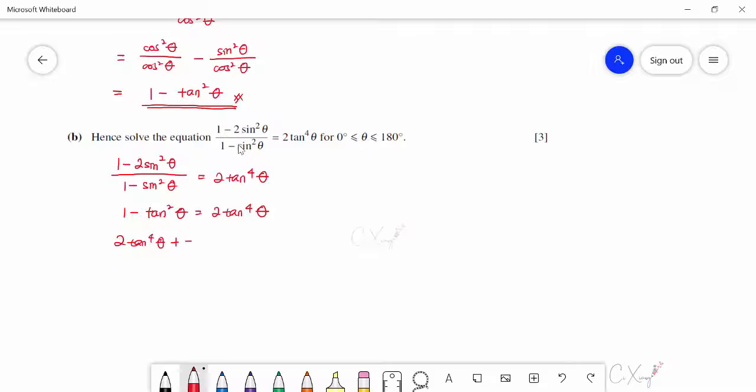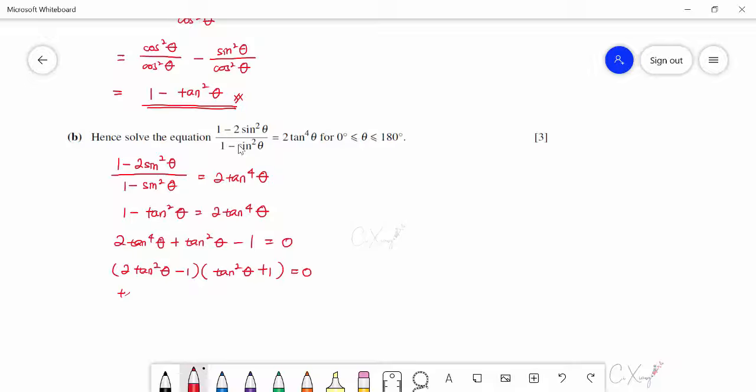When I rephrase my equation here, I will actually get a quadratic form equation in terms of tangent square theta. Of course I can factorize it.